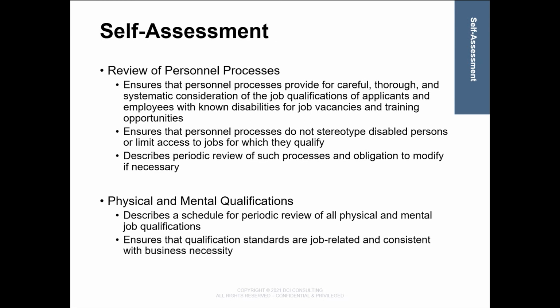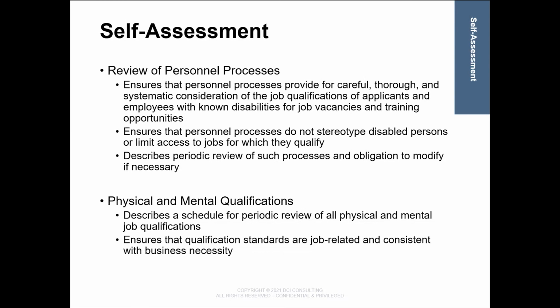Another piece of self assessment is the review of personnel processes. This ensures that personnel processes provide for careful, thorough, and systematic consideration of the job qualifications of applicants and employees with known disabilities for job vacancies and training opportunities. It also ensures that personnel processes do not stereotype disabled persons or limit access to jobs for which they qualify.